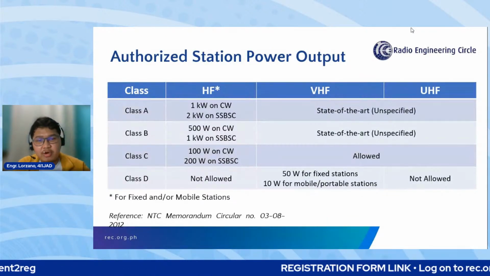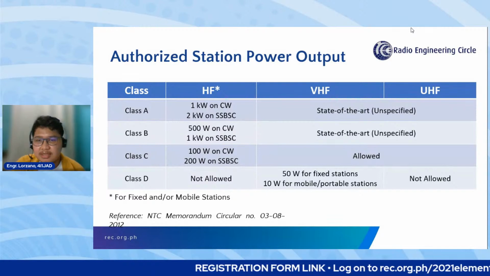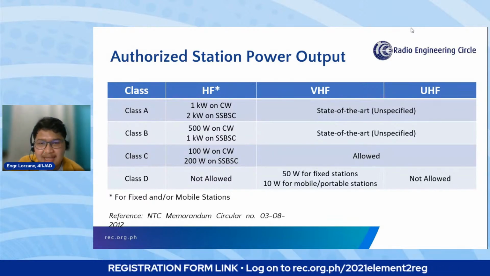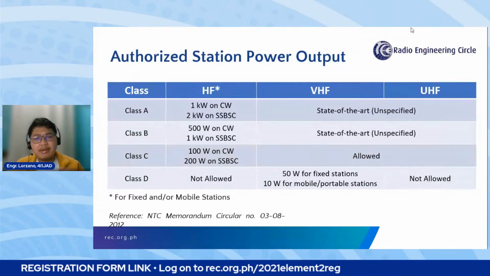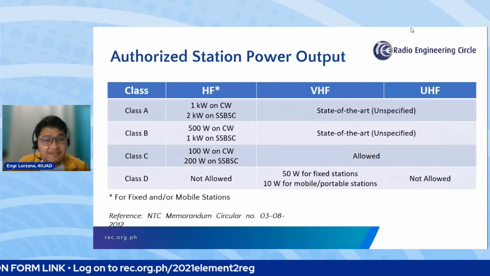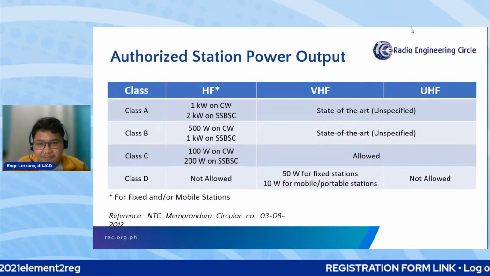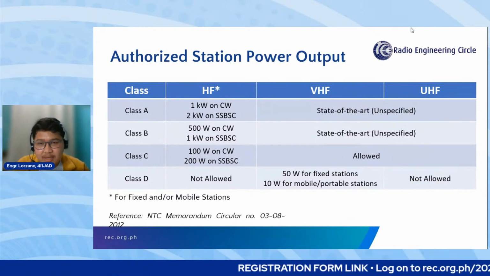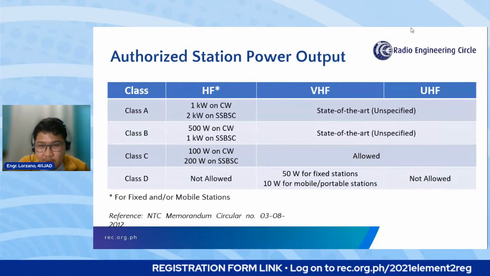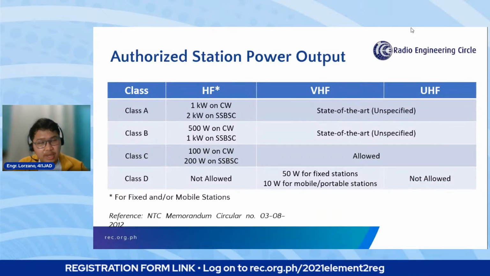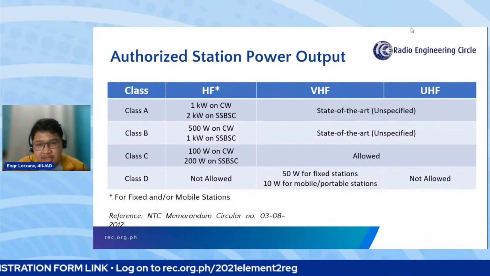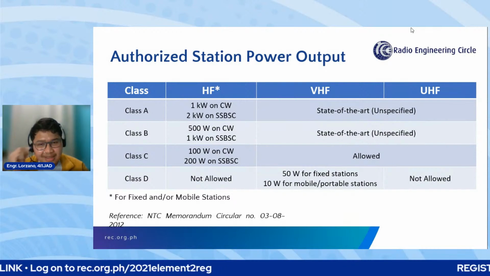Si Class C naman, hanggang Class A, wala namang prohibition pagdating sa VHF and UHF. Nagkakaiba lang sila dito sa HF. So si Class C, in HF, 100 watts on continuous wave or sa Morse code, 200 watts on single sideband SC.